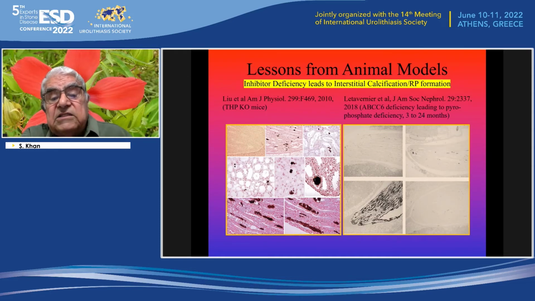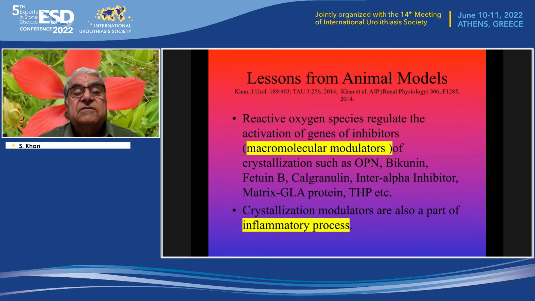In all these cases where there is an inhibitor deficiency, there is deposition of calcium phosphate in the interstitium, as you see here. There is one from 2010 on THP knockout mice. On the other side is ABCC6 deficiency, which leads to the deficiency of pyrophosphate. So we all are familiar with these. They are supposed to be crystallization modulators.